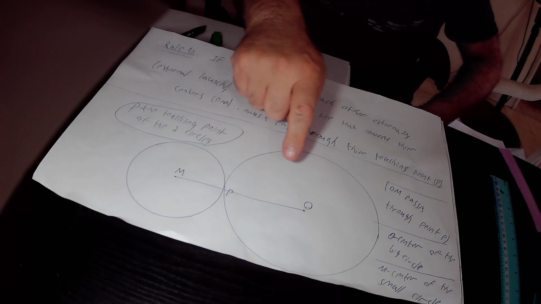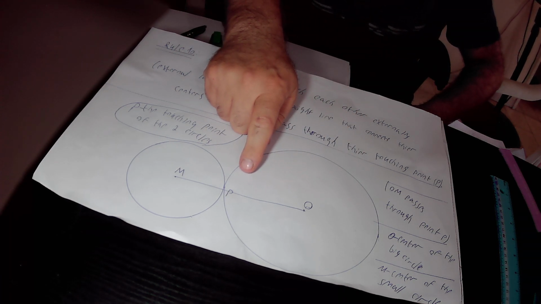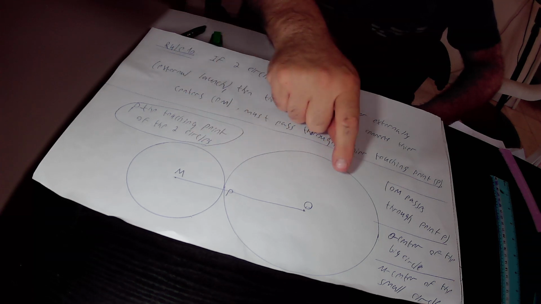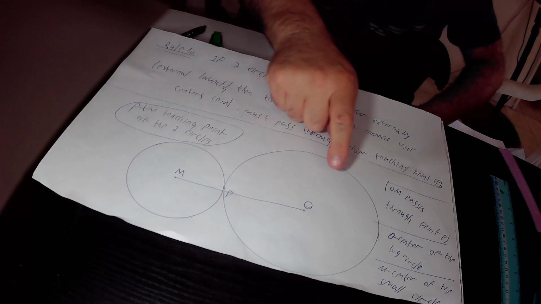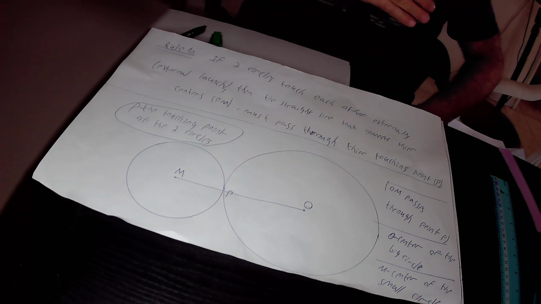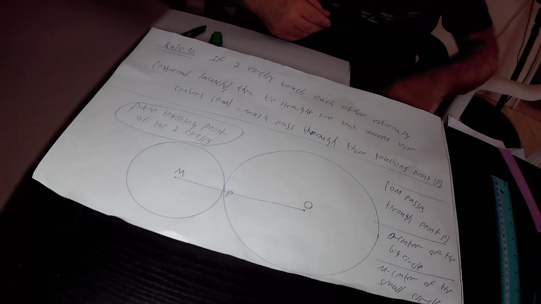So this straight line MO must pass through point P, that is the touching point. Or MPO is one straight line, according to rule 10.